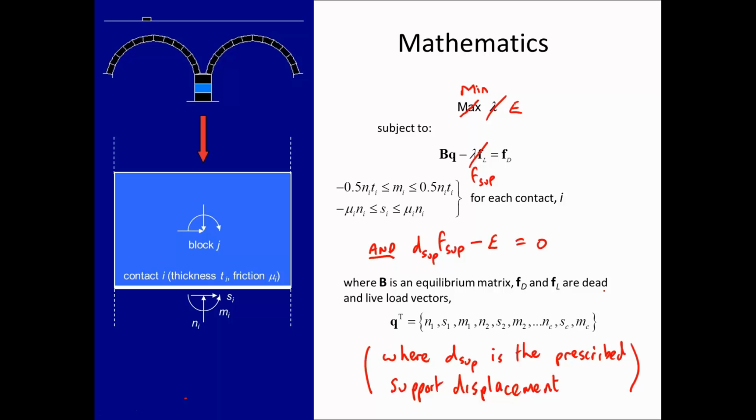What we're doing in support movement mode is very similar, but instead of maximizing a load, we're actually finding the minimum energy solution, minimum energy configuration, and what we have is an unknown support reaction, and we are using an energy relation, as you can see in the middle of the screen, but the rest of the terms, i.e. the equilibrium and the yield, remain unchanged.